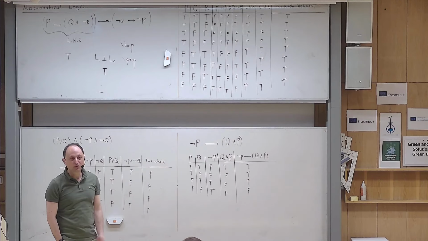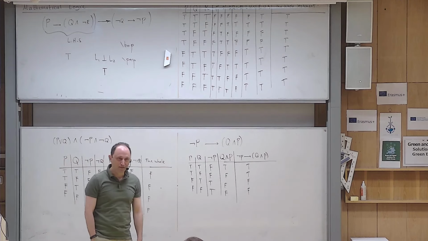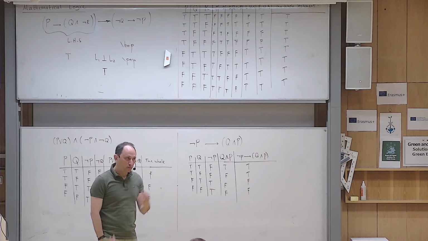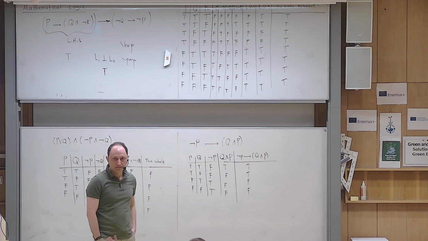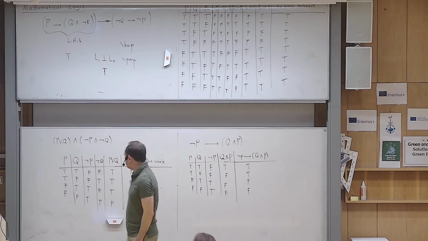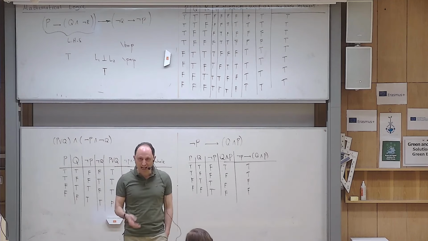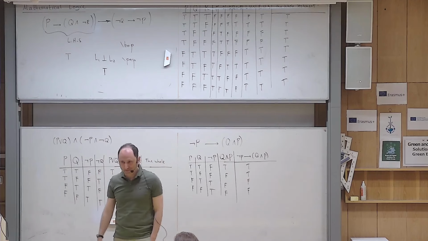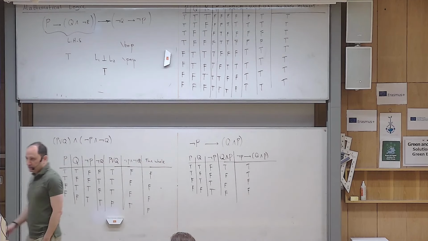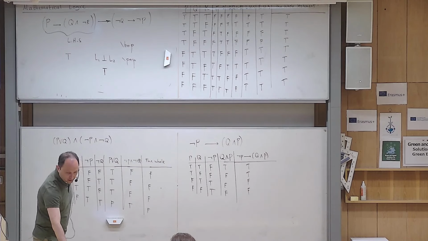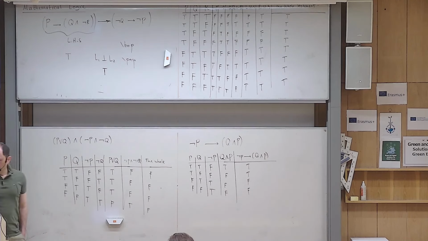Two things cannot happen simultaneously if you combine them with the conjunction. Intuitively, it makes sense. I actually constructed this intuitively. Anyway, any questions here?